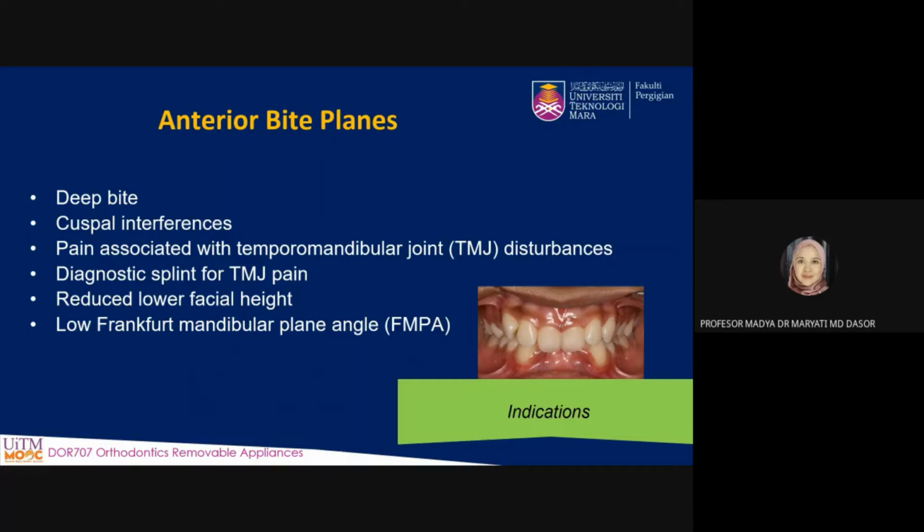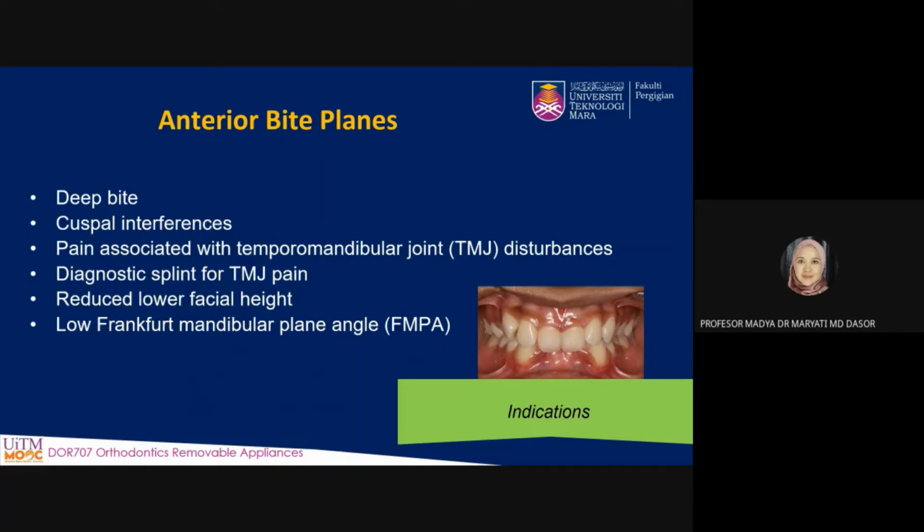The patient who has cuspal interference also will benefit from the fabrication of anterior biteplane. Also, those patients who have pain associated with temporomandibular joint disturbance. Anterior biteplane also can be useful as a diagnostic plane for joint pain or temporomandibular joint pain.